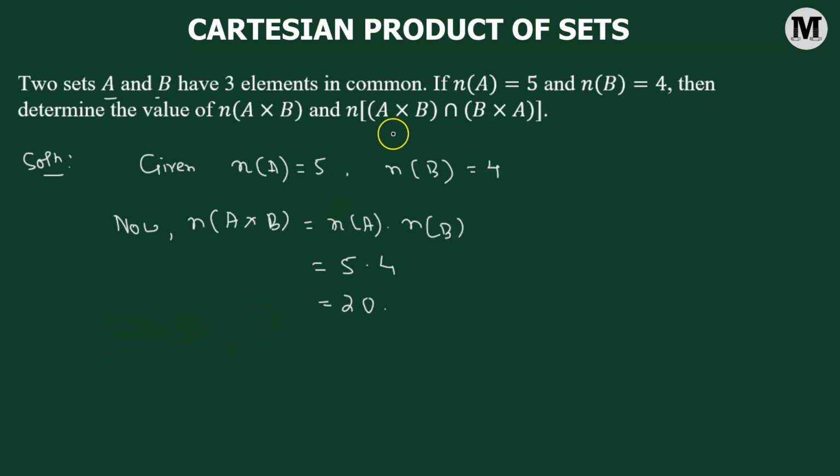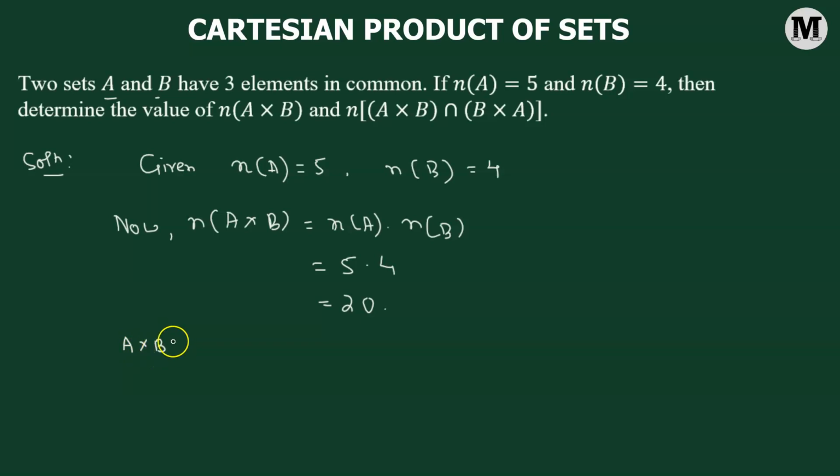Now, our next task is to find the number of elements in the Cartesian product of A and B intersection with the Cartesian product of B and A. Before finding the total number of elements, let's try to understand the set.